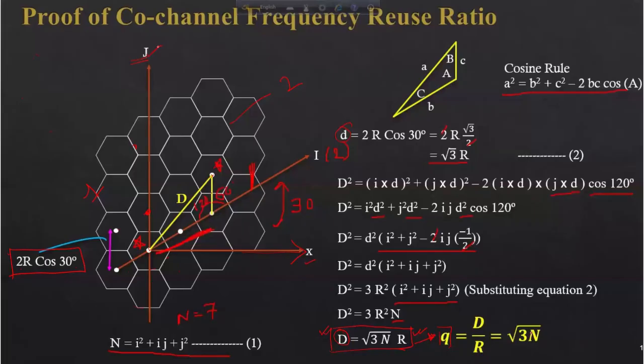Now, when we take a 60-degree angle in the anti-clockwise direction, we get another axis which is known as the I-axis.